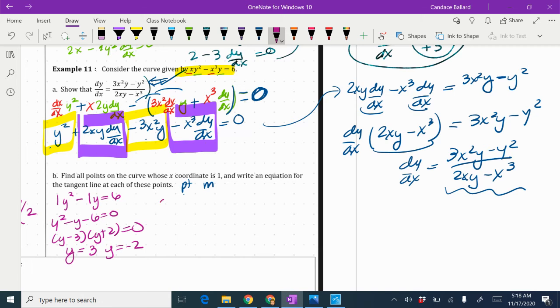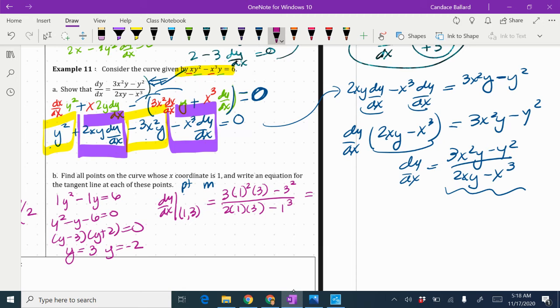I'm going to start by putting in my slope. I'm going to do dy dx, and put in the point 1, 3. So that gives me 3 times 1 squared times 3 minus 3 squared over 2 times 1 times 3 minus 1 cubed.